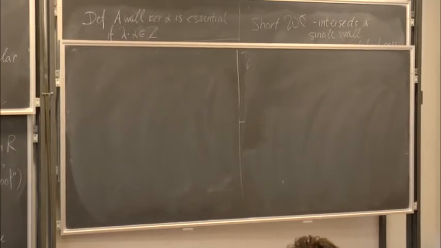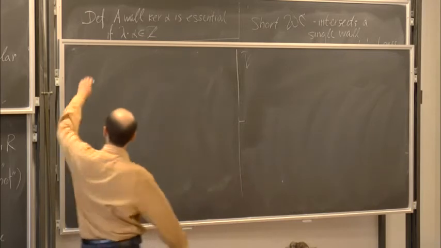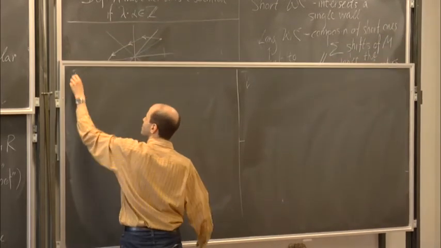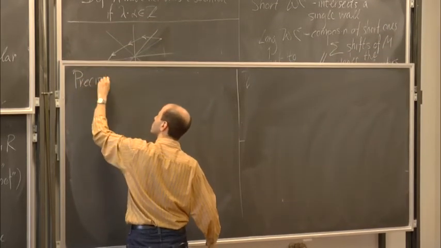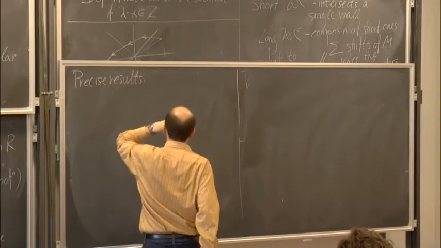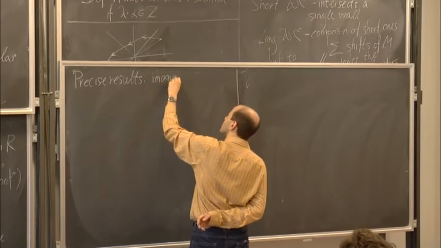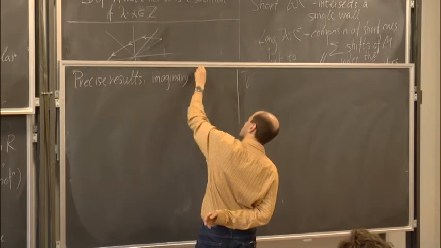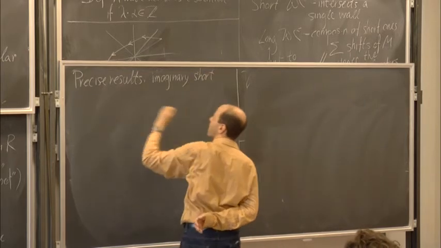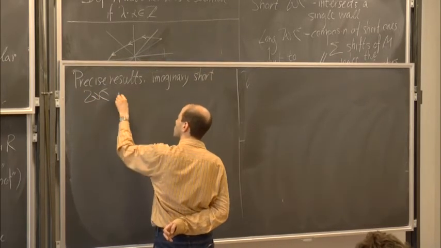That's a convention. So these precise results are going to be about imaginary short wall crossing as a perverse equivalence.